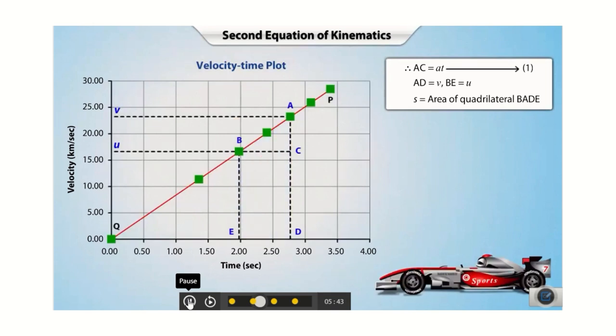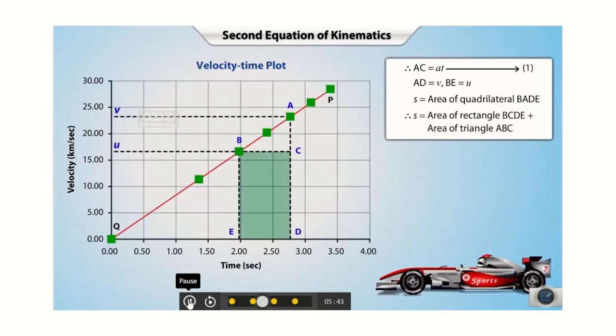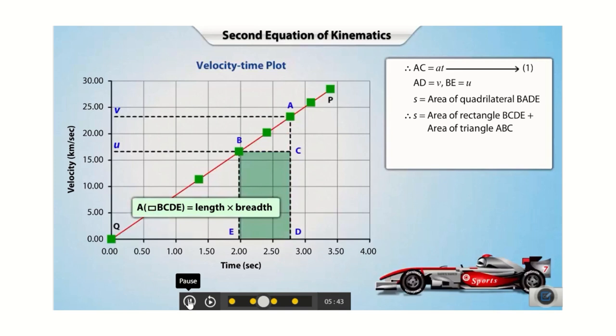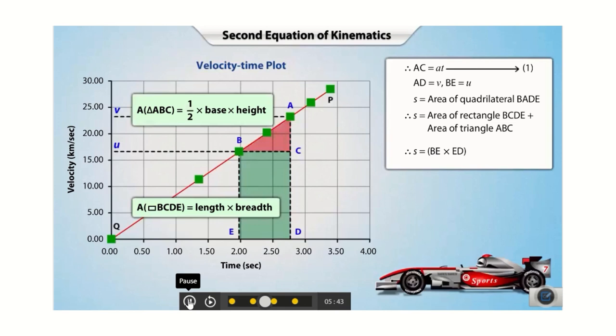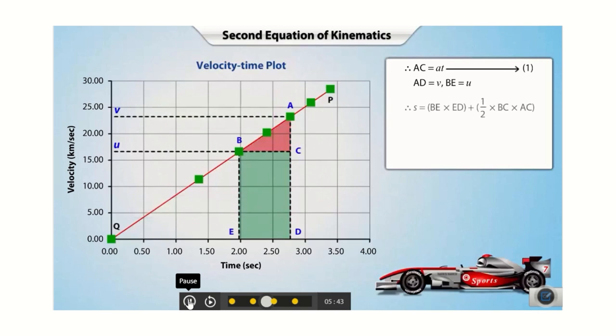The quadrilateral can be split into a triangle ABC and a rectangle BCDE. Therefore, S is the sum of the areas of the two figures. The area of a rectangle is equal to the product of its base and height. The area of the triangle is equal to 1/2 of the product of its base and height.